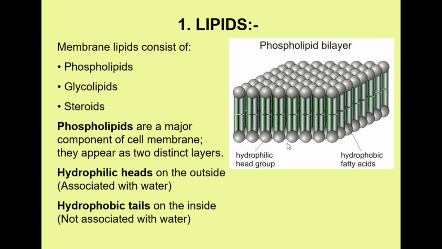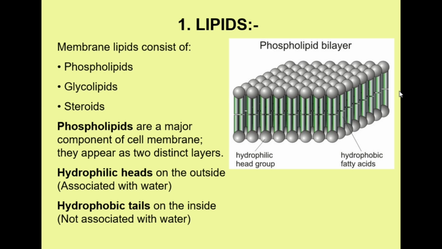So you have these hydrophilic heads. Remember, hydrophilic is water loving. So these parts of the phospholipid bilayer will readily interact with water. And then in between those two layers, meeting in the center of the plasma membrane, you've got the hydrophobic fatty acid chains. So this is a very hydrophobic area.